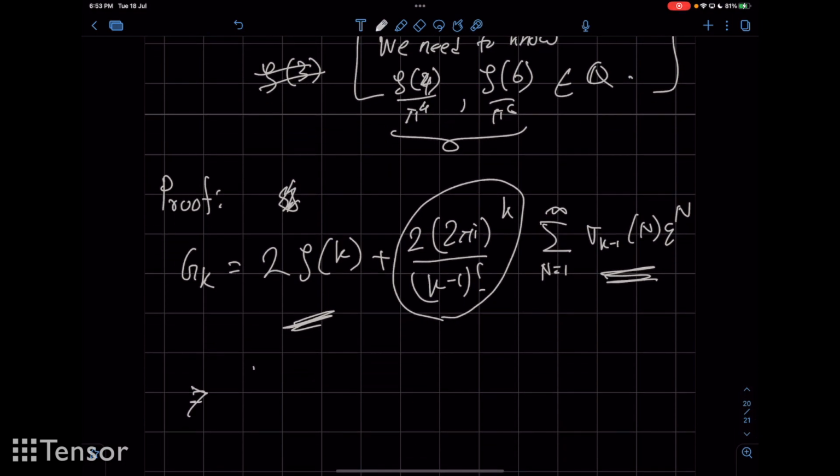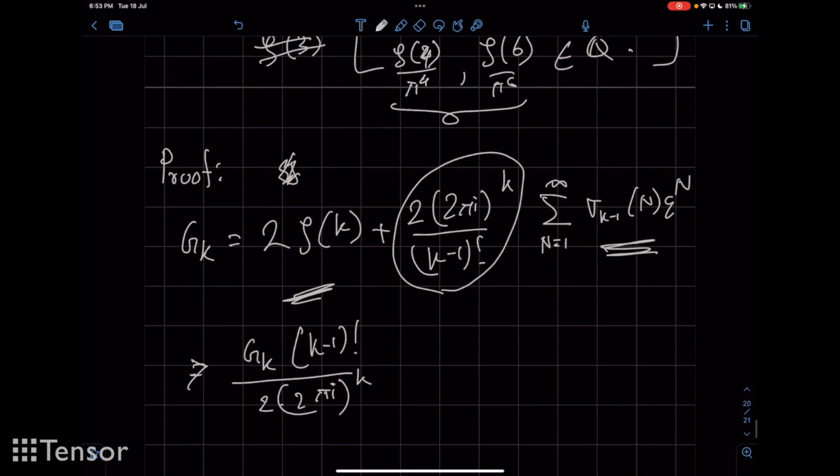So let's take G_k times (k-1) factorial over 2 times (2 pi i) to the k. Of course, (2 pi i) to the k is a real number here because k is even.